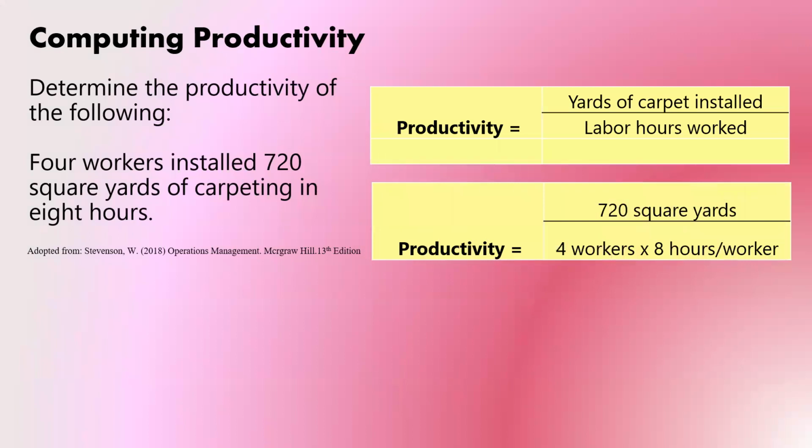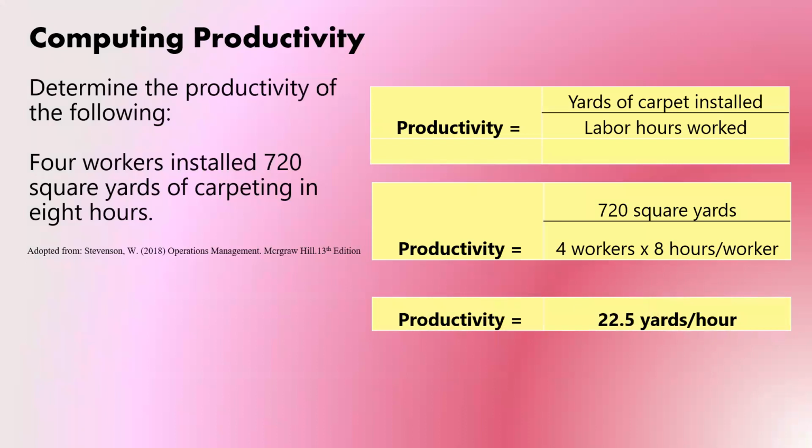So we have 720 yards of carpet installed by the 4 workers, and the 4 workers work for 8 hours. If you compute that, you will get 22.5 yards per hour. So technically, this is what the workers did per hour.